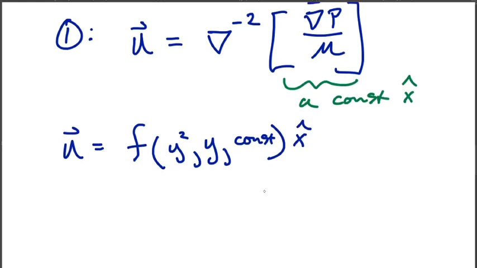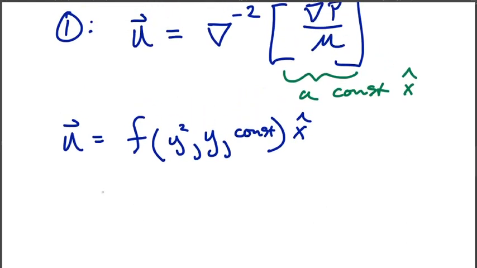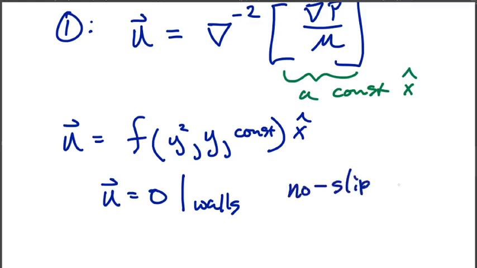And then we can use our boundary conditions. We can note that u is 0 on the walls. That's our no slip boundary condition, which is the typical boundary condition for horizontal flows next to a wall in a viscous fluid.